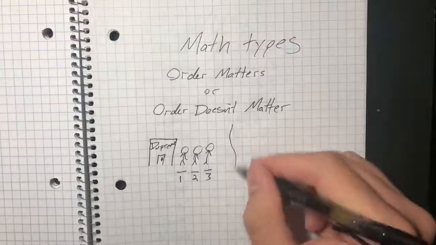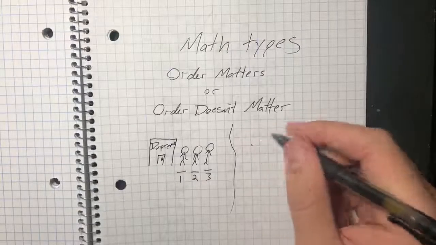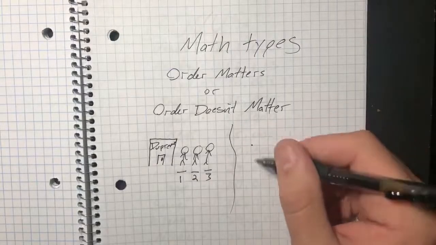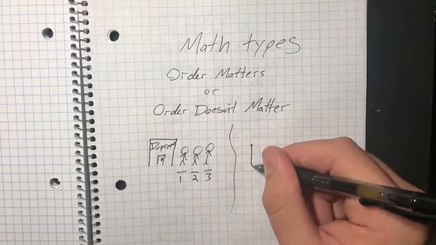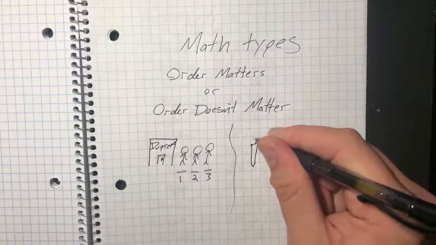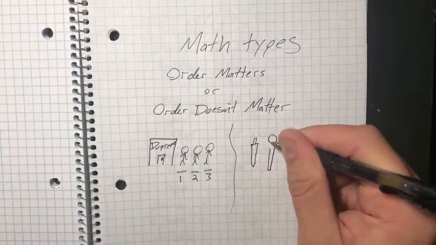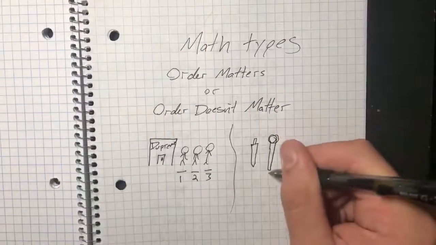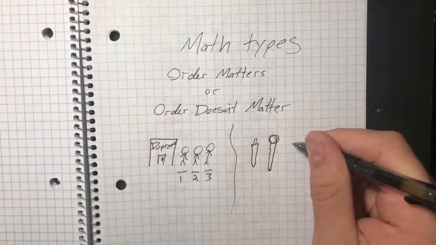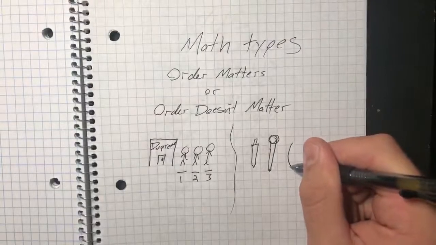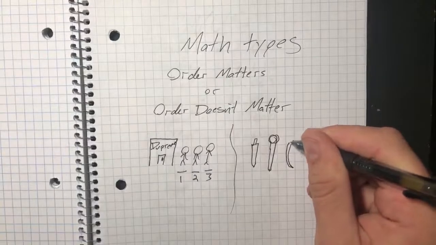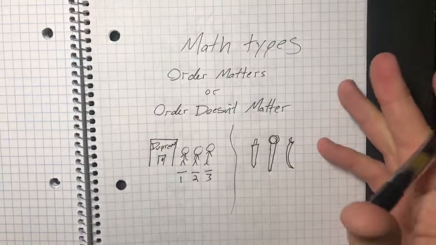Similarly, we could have another thing where we have, since I just bought pens, we'll do that. It's a pen, and that's a pen.